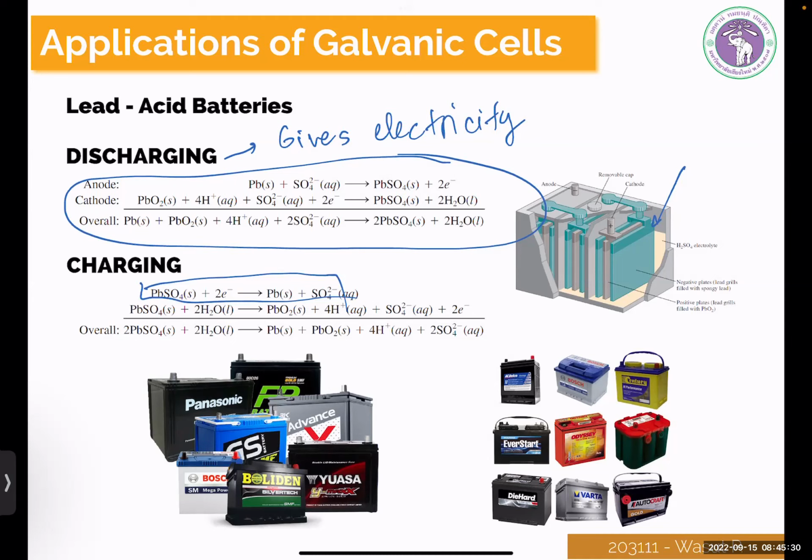And the previous cathode now becomes an anode because that's where the oxidation reaction occurs. So when you recharge this type of battery, the anode and the cathode switch roles, right? Because the nature of the redox reaction changes for both half reactions.